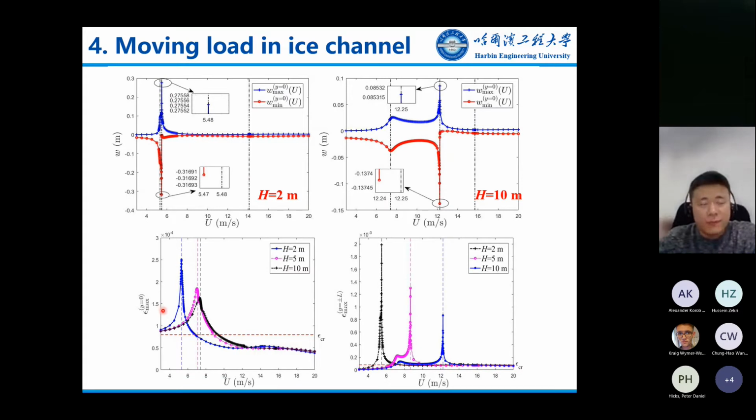Also, the maximum strain along the center of the channel and the maximum strain along the channel walls, varying with the load speed, are presented here for different water depths.